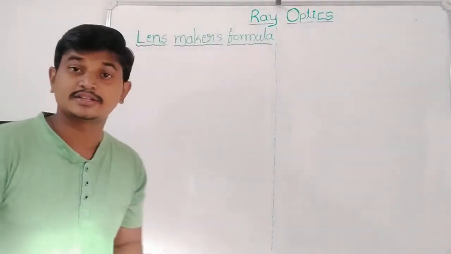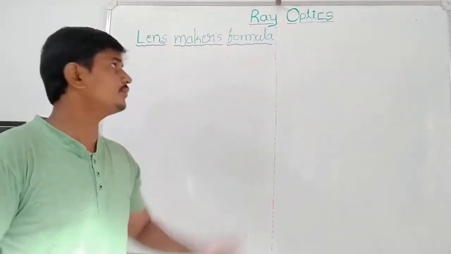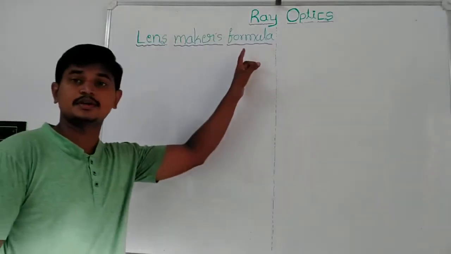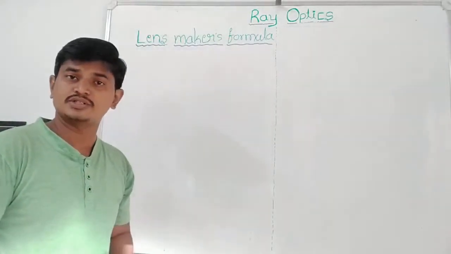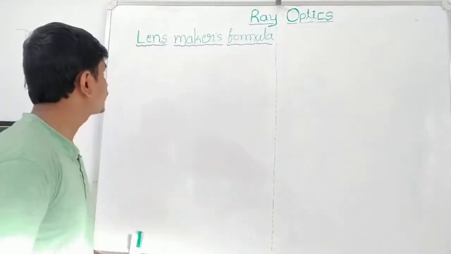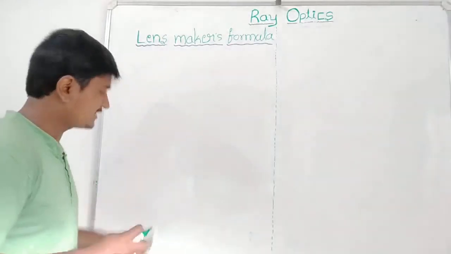So dear students, let us discuss one of the very important derivations in the ray optics topic, that is the lens maker formula. It's a very important derivation for your theory examination. See, let us consider a thin biconvex lens.